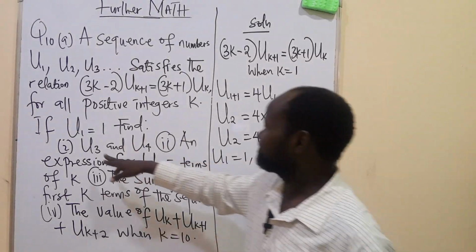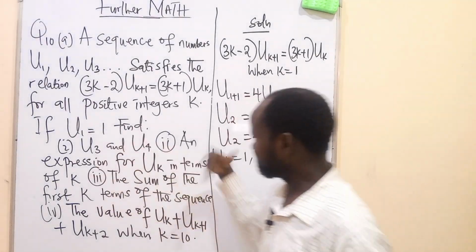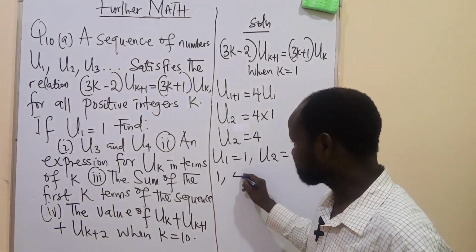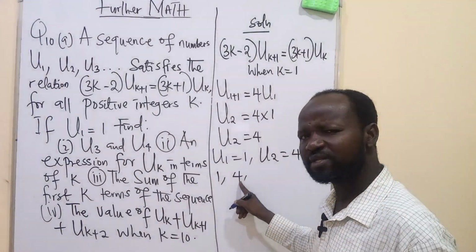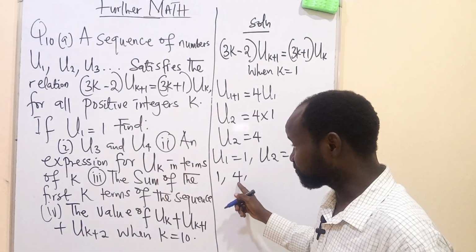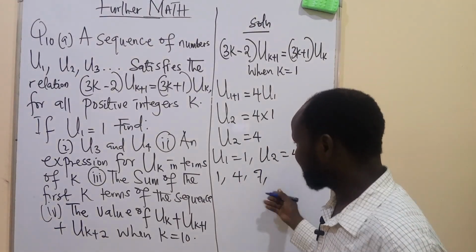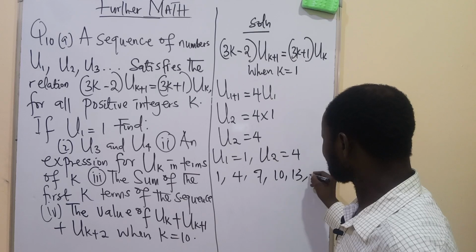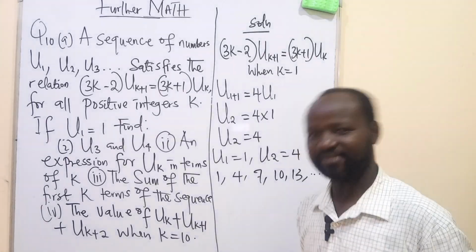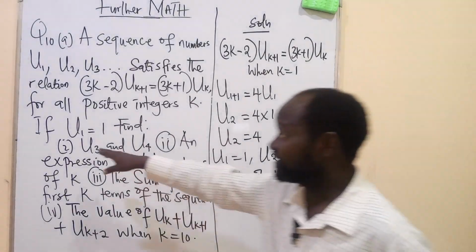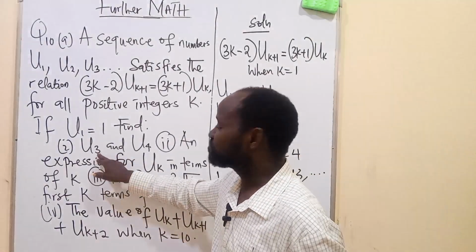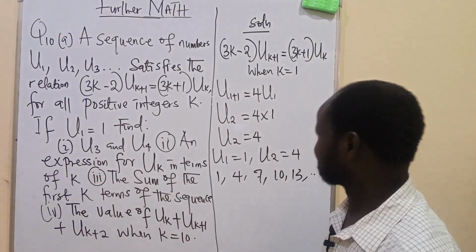So we can easily find the third term and the fourth term. The pattern of this sequence is 1, 4, from 1 to 4, meaning it has increased by 3. Add 3 to 4, that will be 7. Add 3 to 7, that will be 10. Add 3 to 10, that will be 13. So the sequence is increasing by 3. Very important. And we can easily solve Roman numeral 1 because we are told to find the third term and fourth term.